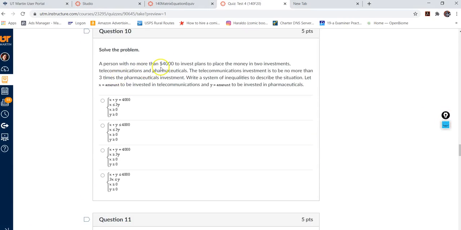Okay, a person with no more than $4,000 to invest plans to place the money in two investments, telecommunication and pharmaceuticals.